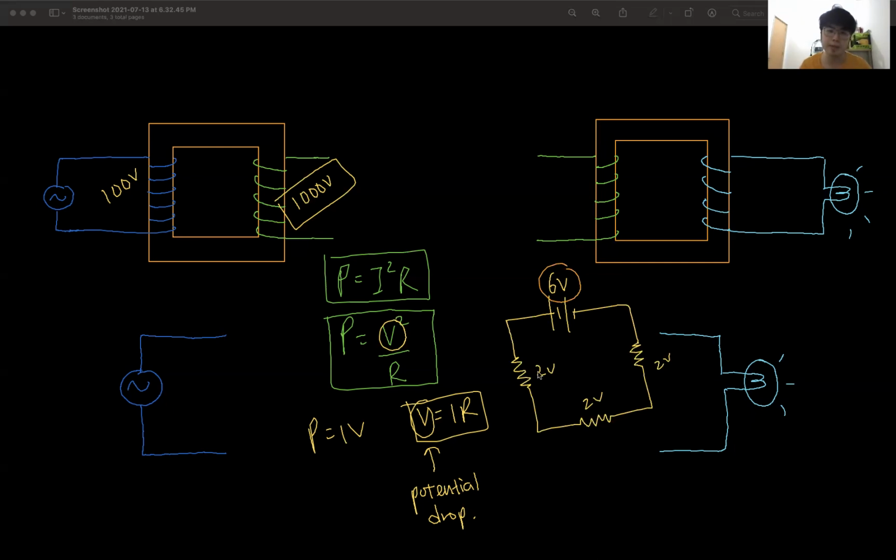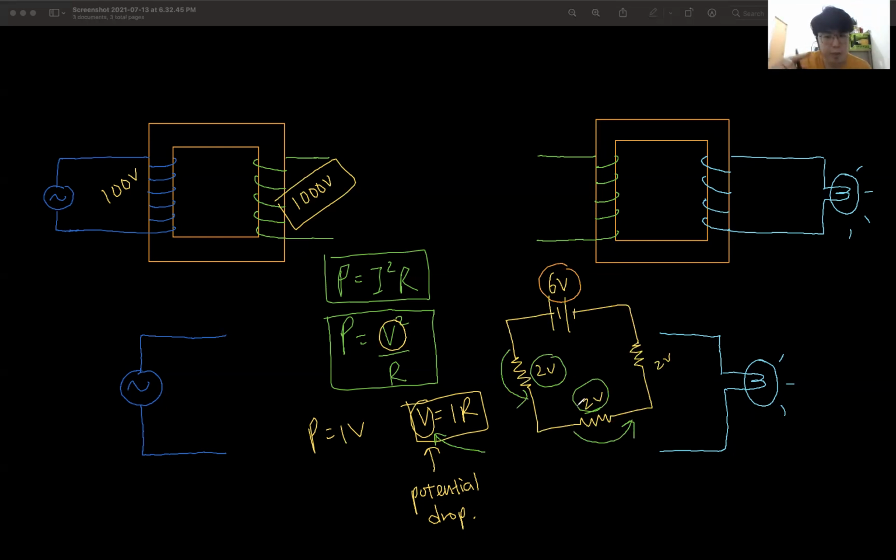The 2 volt, what is it? This is the potential drop. This is the potential across the resistor, 2 volt. Another one across the resistor. So the V here is actually the 2 volt, not the 6 volt.